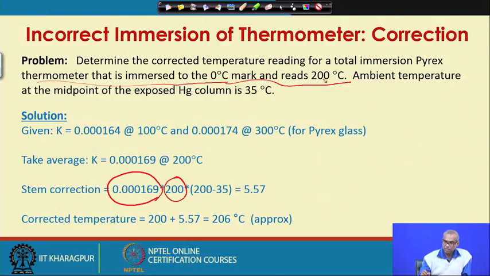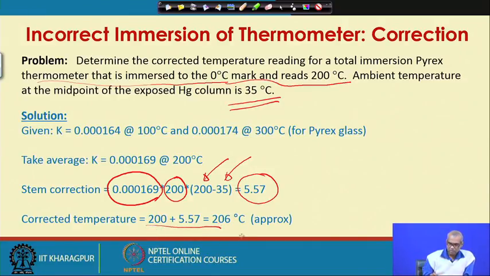So, the length is 200 minus 0, which is 200. T measured is 200 and T exposed is the temperature at the midpoint, which is 35 degree Celsius. So, if you do the calculation, you get 5.57, which is approximately 6. So, corrected temperature is 200 plus 5.57, which is approximately 206 degree Celsius.